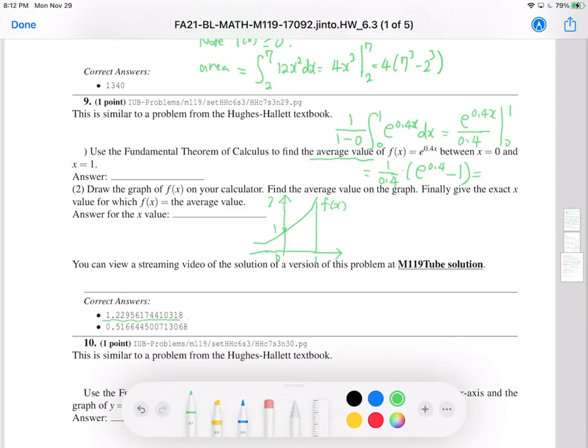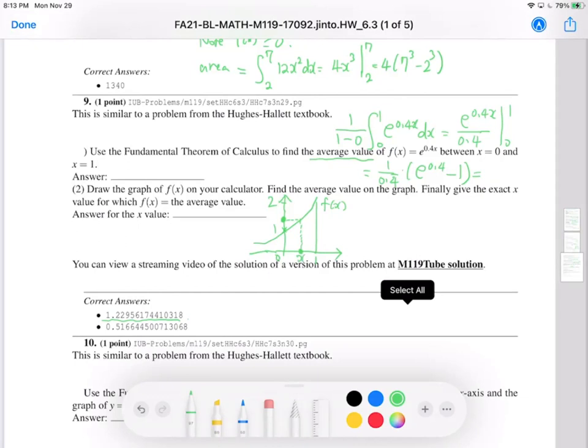So 2 is here, so about this. This is the average value, okay? The exact x value where f(x) is the average value. So you want to find this value, okay?